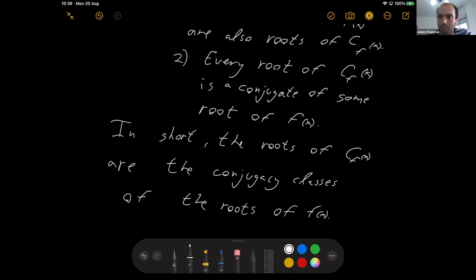Now, suppose you know how to find the roots of cfx, which is something you are able to do if you live over the reals. If you start with the reals and you construct the usual Octonion algebra over the reals, you take a polynomial over the Octonion algebra, and you get from it this companion polynomial over the reals. You can find all the roots of this polynomial, because this is an equation over the complex numbers, and you can find them at least numerically.